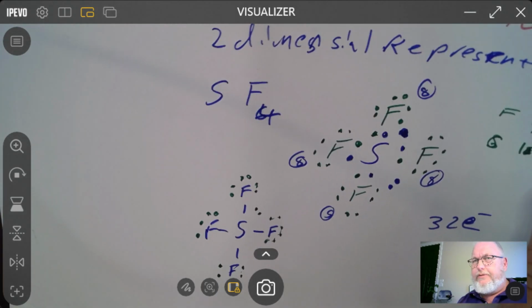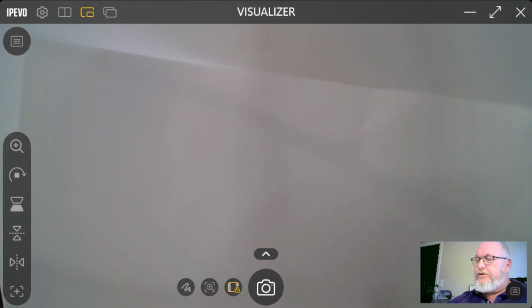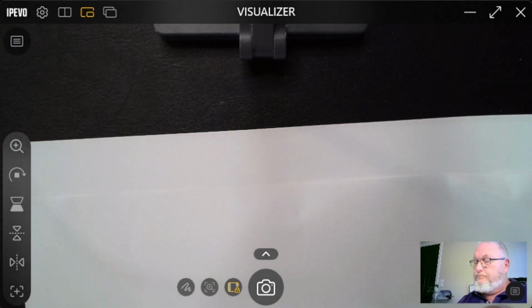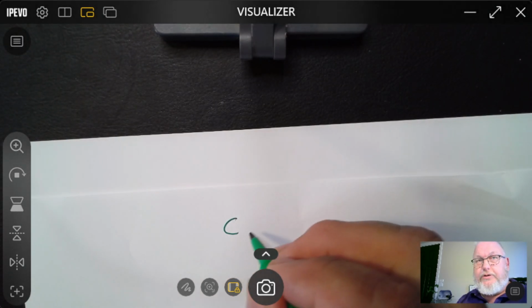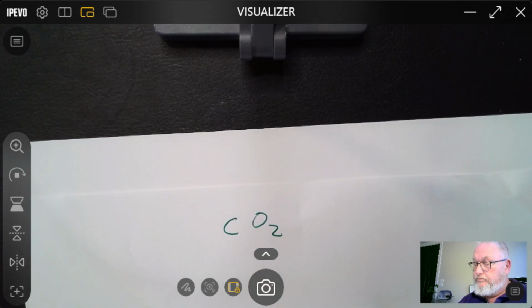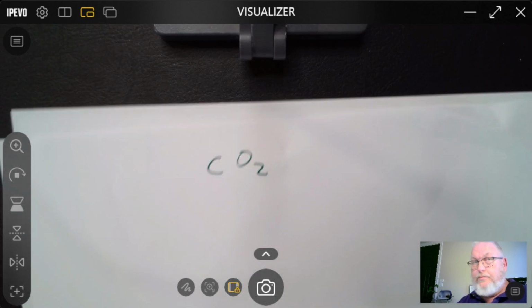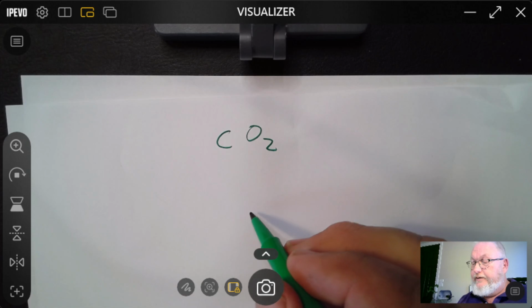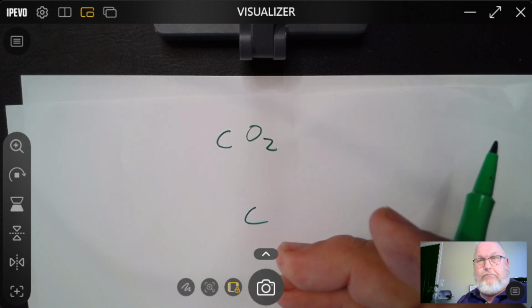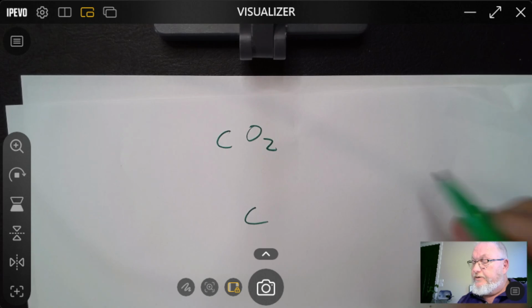Let's look at another one. Let's look at carbon dioxide, CO2. Our central atom will be the least electronegative, carbon. Put that there in the center.